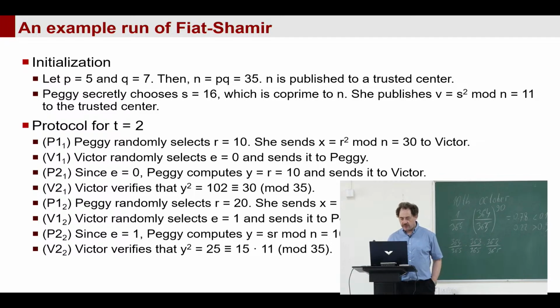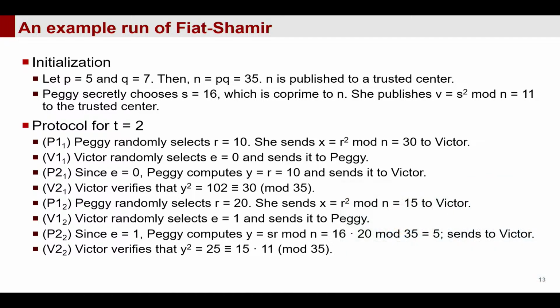She calculates the square of 20 modulo 35, which is equal to 15, and sends it to Victor. And this time, Victor selects not 0, but 1. Since Victor selected 1, Peggy computes s, 16, times r, 20, modulo 35, equal to 5, and sends it back to Victor.